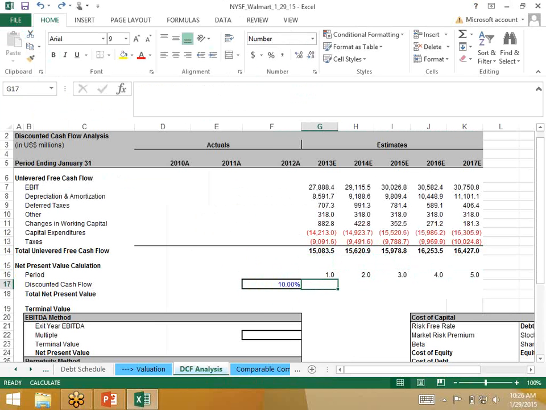Okay with that? Okay. The formula for discounting, we'll do this in G17, is by taking the cash flow divided by, open parentheses, 1 plus the rate, to the power of the period.